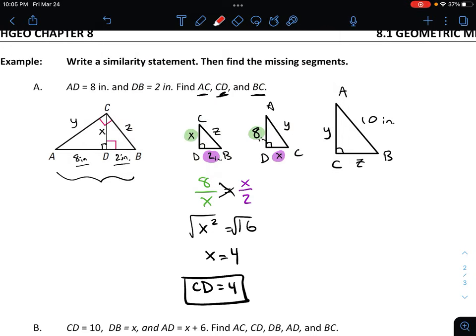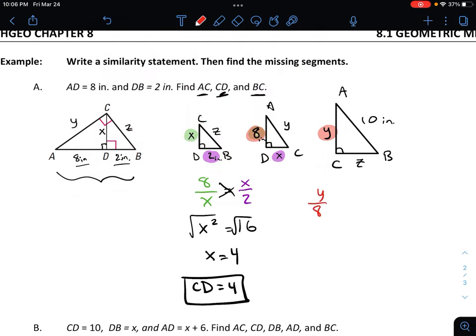I'll use some different colors here. I look at these two triangles because they both have the letter y in them. I'm going to look at y over 8, because y and 8 are corresponding sides.